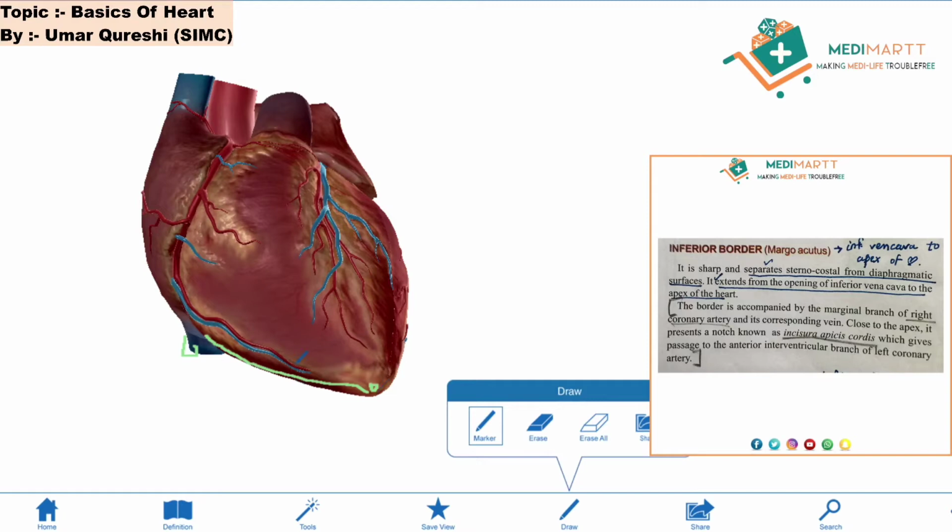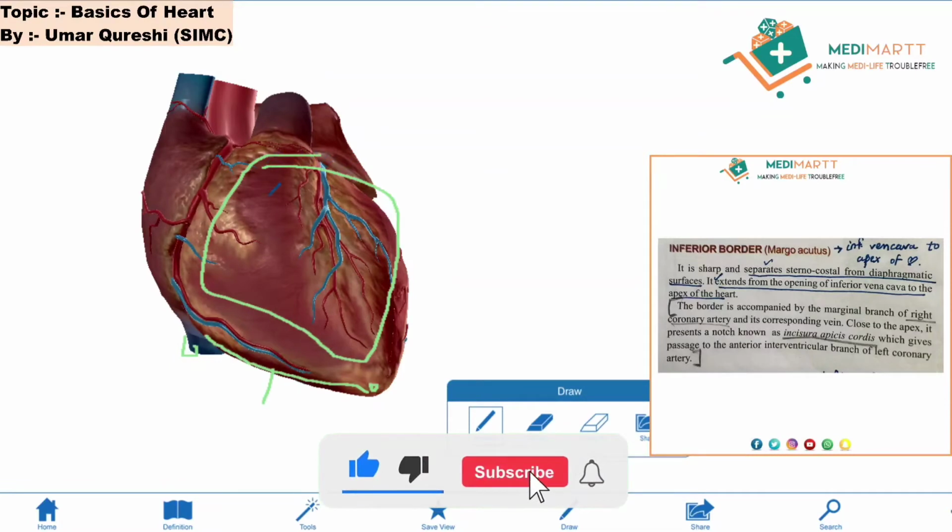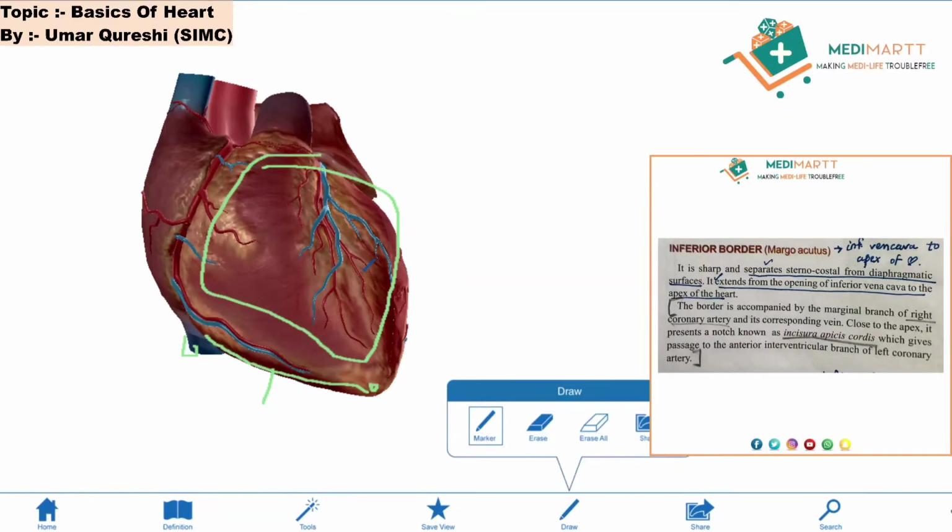Then, this border is sharp. That is the point. The next point is that it separates the sternocostal surface from the diaphragmatic surface. This surface is known as the sternocostal surface because it is behind the sternum and the ribs. The other name for ribs is costal, so that's why it is named the sternocostal surface.